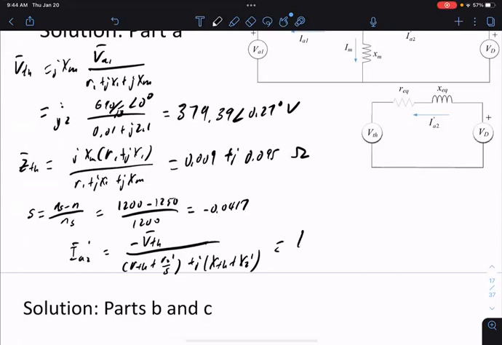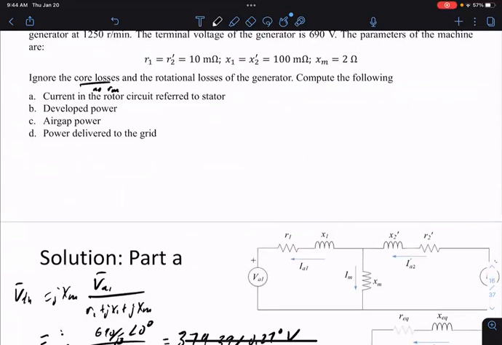Again, not writing the numbers, 125 angle 40.23 kiloamps. That's just the current flowing through the rotor. The problem says current occurring in the rotor circuit, which means compute IA2 prime. We have computed this number.